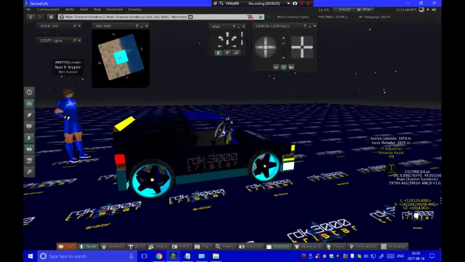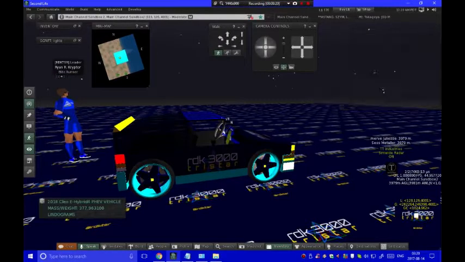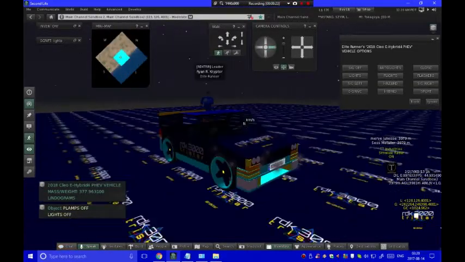And you can operate the signals. Let's turn it off. Oops. Turn off P lights and lights.